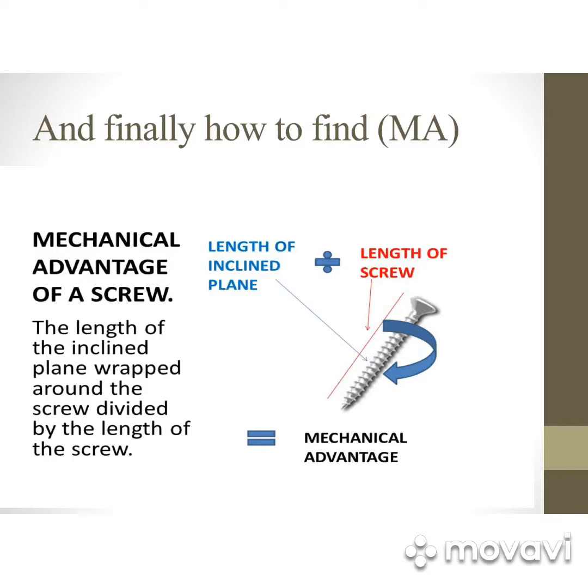Though the way to find the mechanical advantage of a screw is not mentioned in your book, I thought it would be very useful for you to know it because it illustrates the whole idea behind it. So the mechanical advantage of a screw can be found by dividing the length of the inclined plane wrapped around the screw by the length of the entire screw, just like it is written right there: the length of the inclined plane, the blue part, divided by the length of the screw.